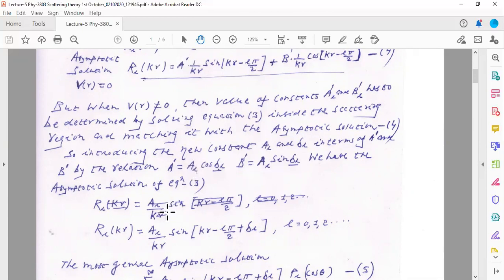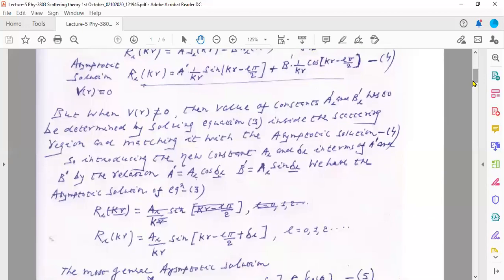So I'm writing AL over KR, sine of KR minus L pi by 2, plus the factor delta L, that is known as the phase shift, and we will discuss once again what the phase shift is here. So this is the part.